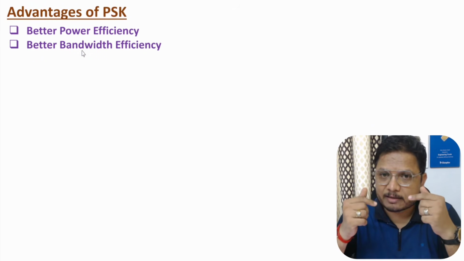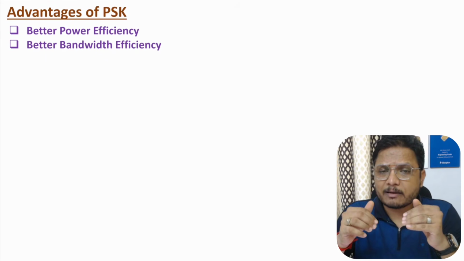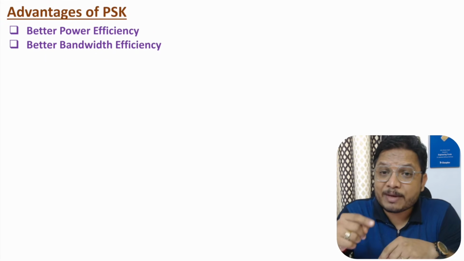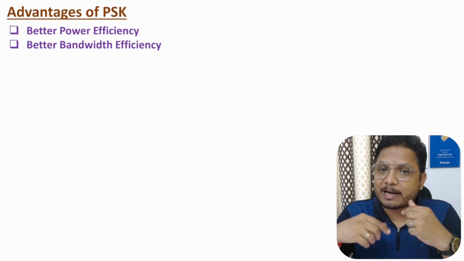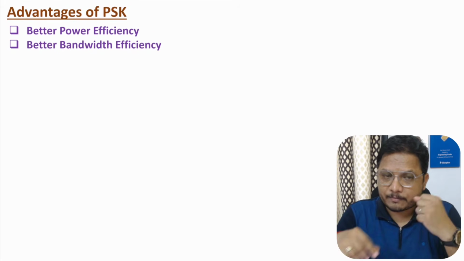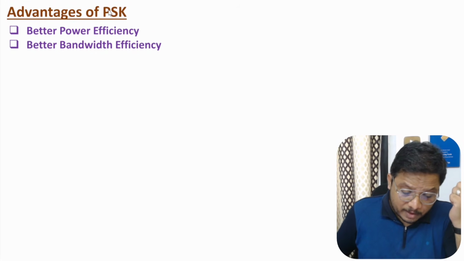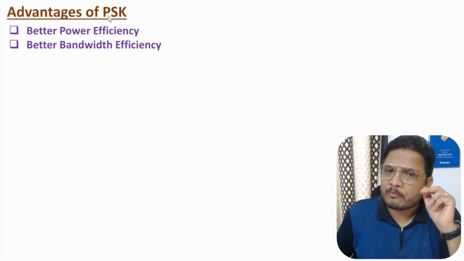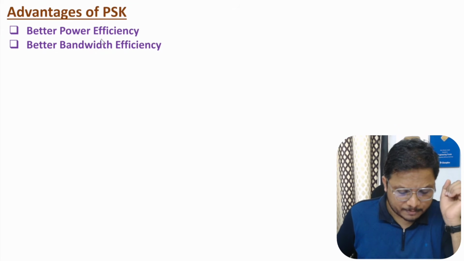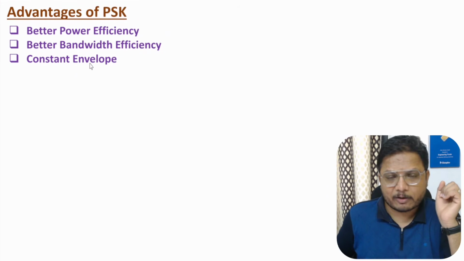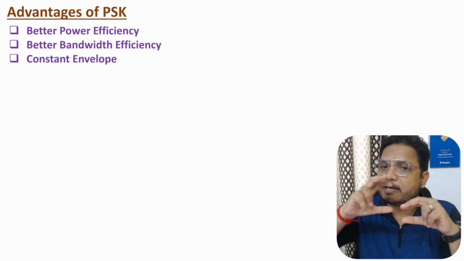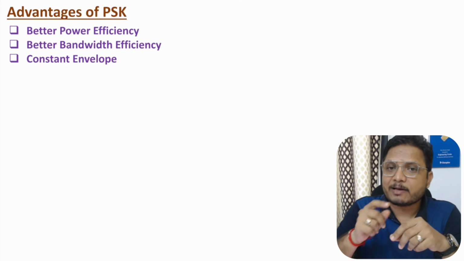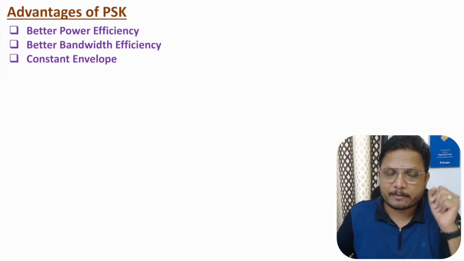We have better bandwidth because you need only 2 times Fb of bandwidth, which is the minimum. Compared to frequency shifting, we have far better bandwidth with PSK. When it comes to envelope, we will have a constant envelope, because the PSK signal has constant amplitude.